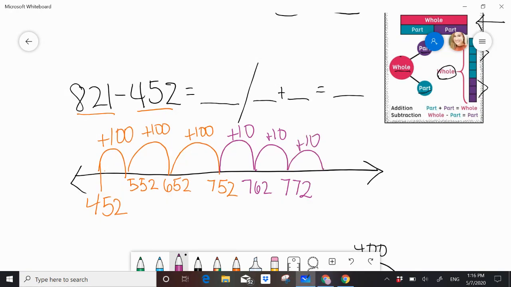Plus 10 equals 782. I'm gonna run out of room, so I'm actually gonna take away this ending, and I'm just gonna make it go on a little bit longer. Okay, well, I'm still under. I'm gonna do another jump of 10. 792. Excellent.